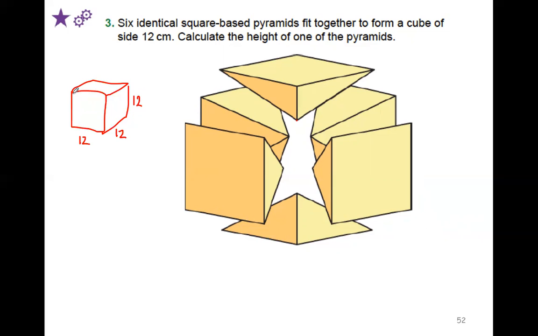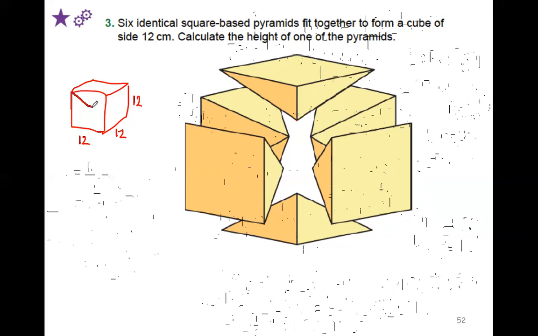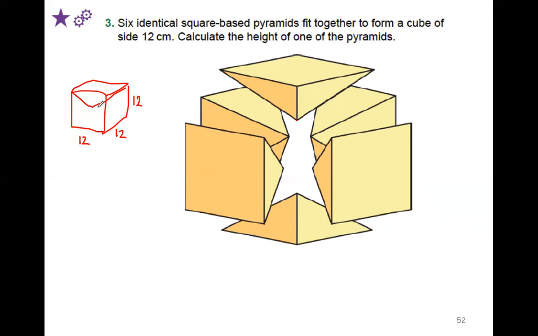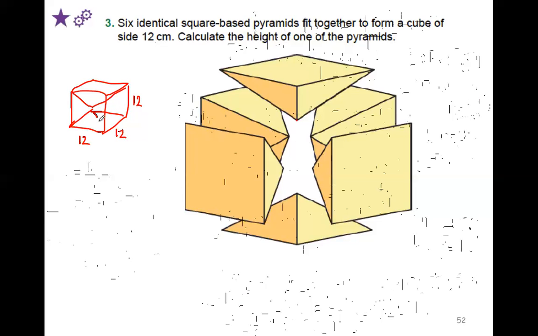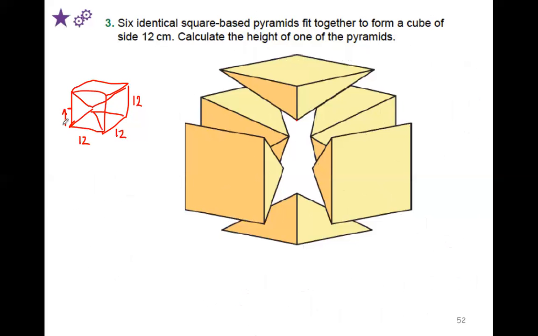So that means those are coming in at halfway through here. So the height of one pyramid is technically half of 12. So it's half of 12, 6 centimeters.